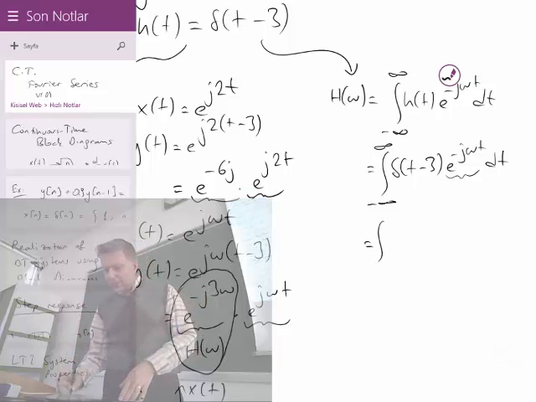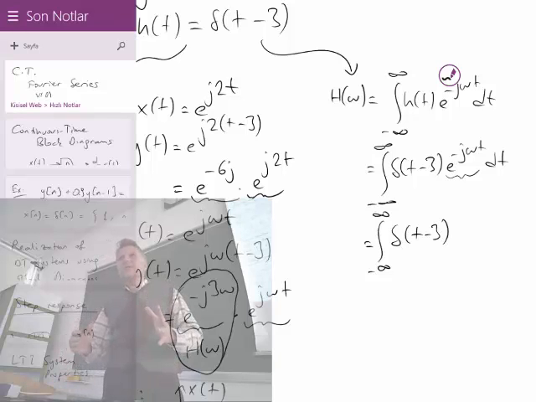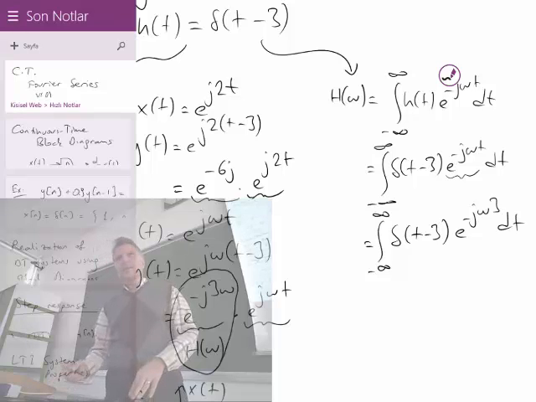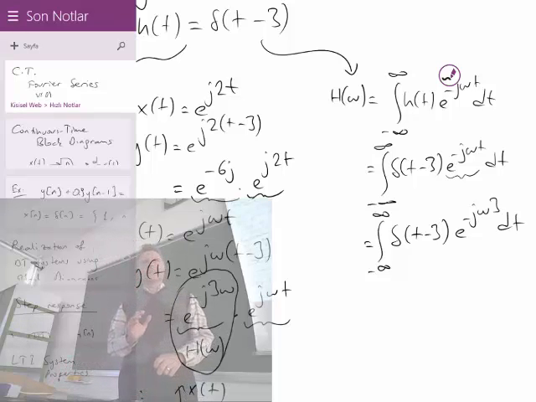We can write the same expression like this: delta of t minus 3, which forces t to be equal to 3 only, because this impulse is valid only at t equal to 3. It is 0 everywhere else. So I will write e to the minus j omega 3 dt, with t equal to 3.